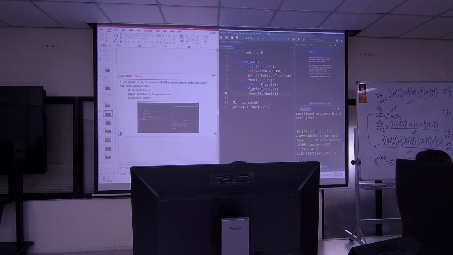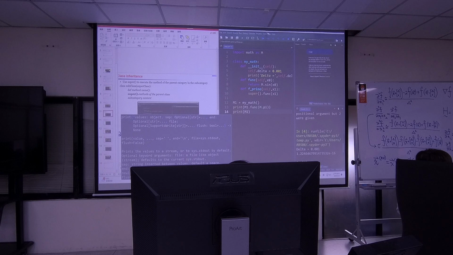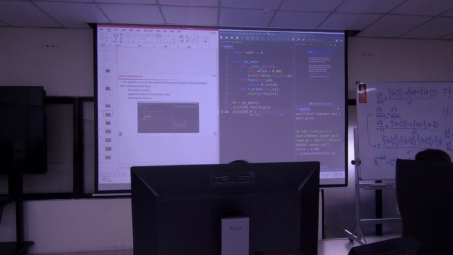Let's try x1. Not sure, let me try it. So print m1 dot f prime, and then n dot pi divided by 2. Okay, try this.